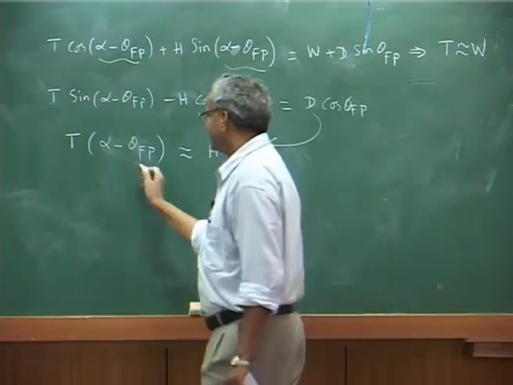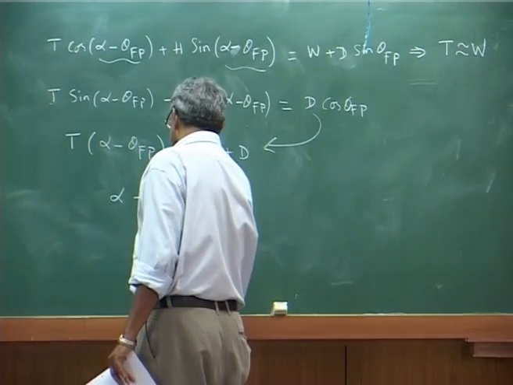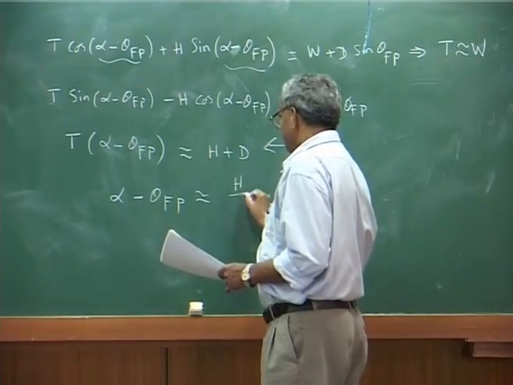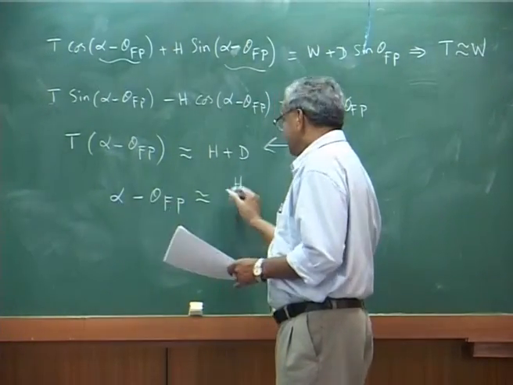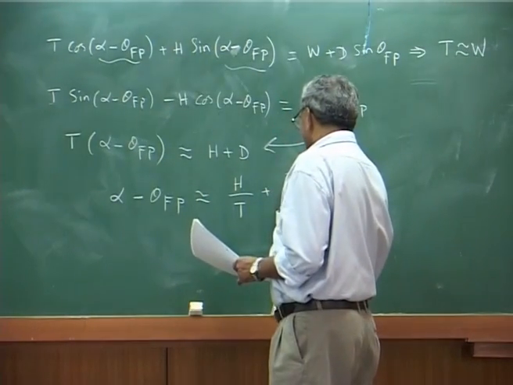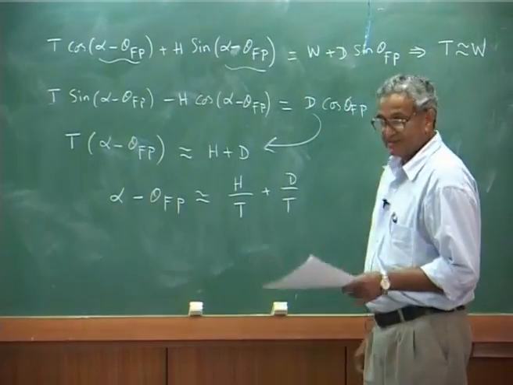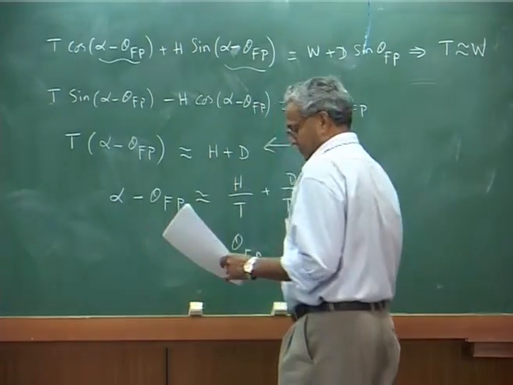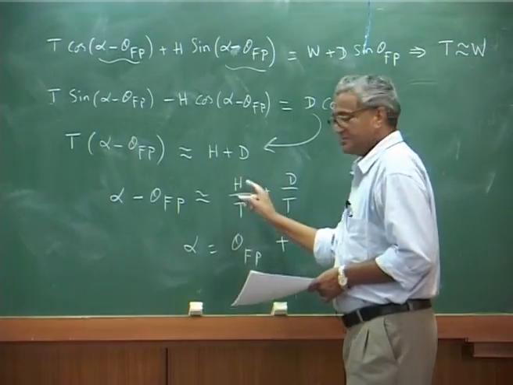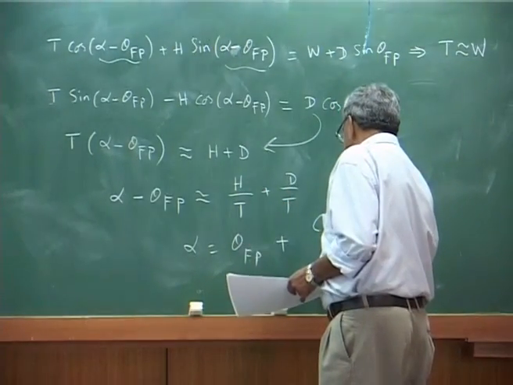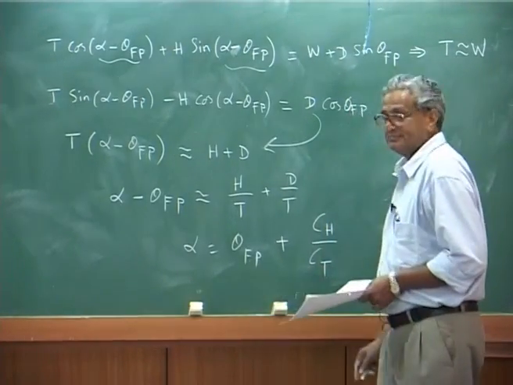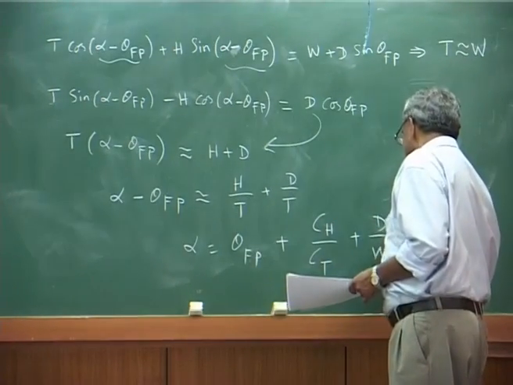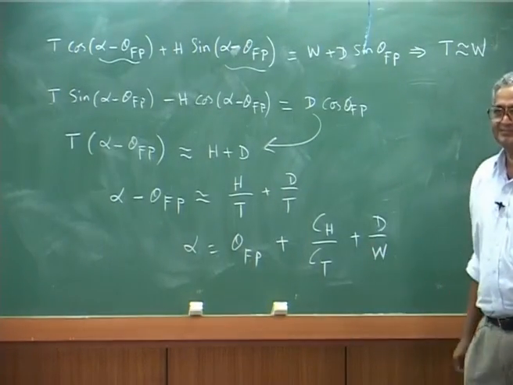Now, I will write alpha minus theta f p is H over T plus D over T, or in other words alpha is theta f p plus, H being non-dimensional, C h over C t, and since T is W, plus D over W. It is just an algebra modification.